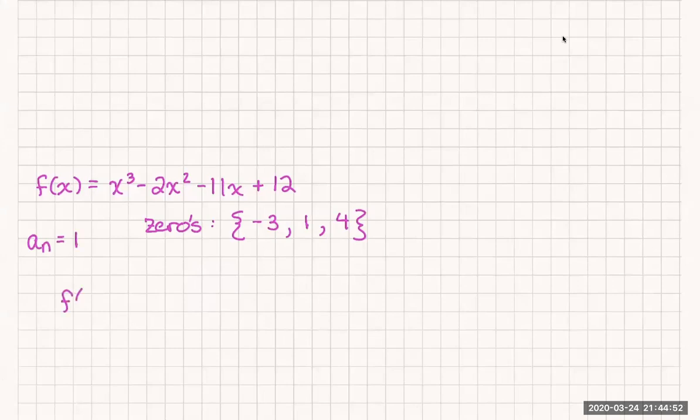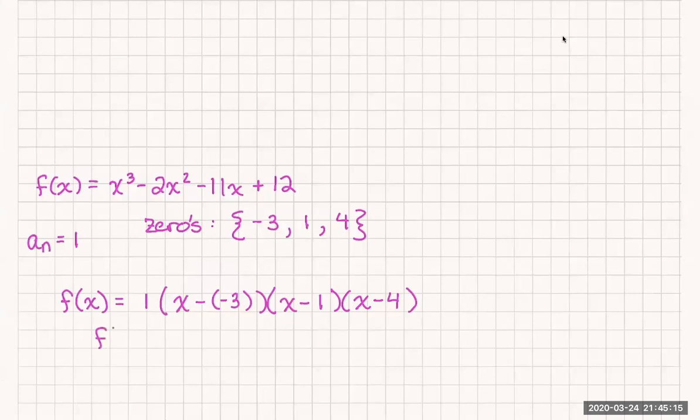So the linear factorization theorem says that I can write this polynomial f of x as a_n, which in this case is 1, times x minus -3 times x minus 1 times x minus 4.